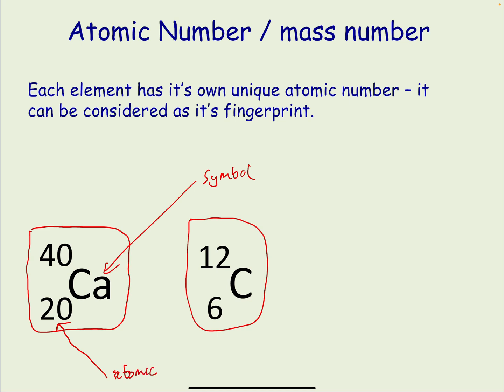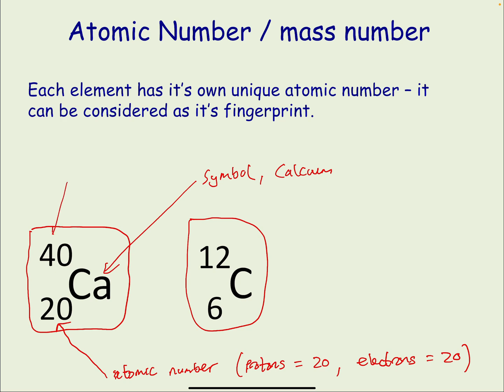We've already done that. Atomic number. That tells us how many protons it has. So it has 20 protons, and it also has 20 electrons because they cancel each other out. The symbol Ca is calcium. We all need calcium for strong teeth and bones.